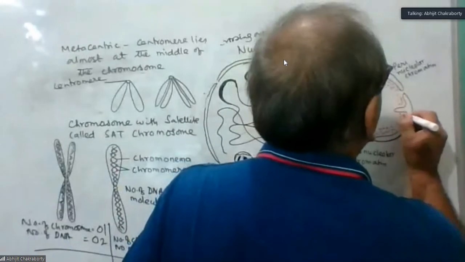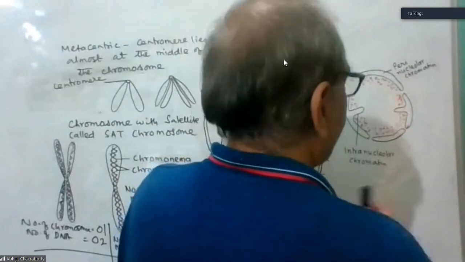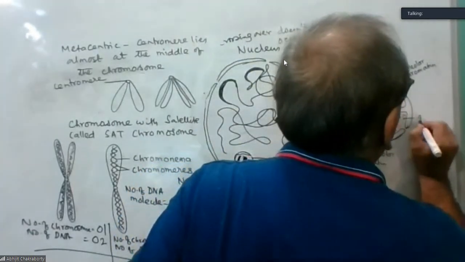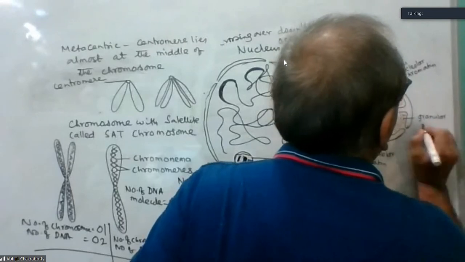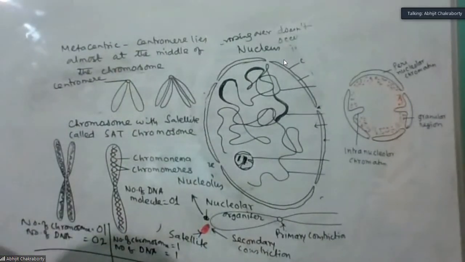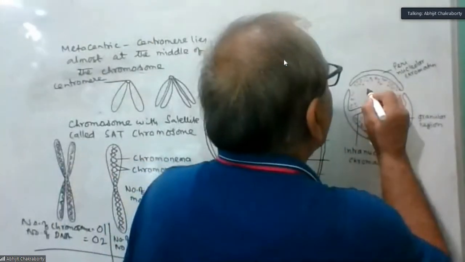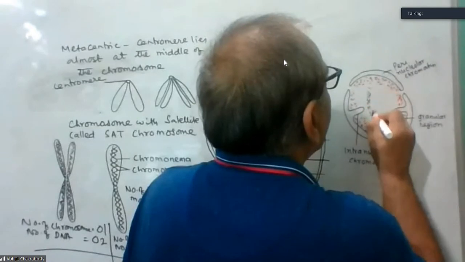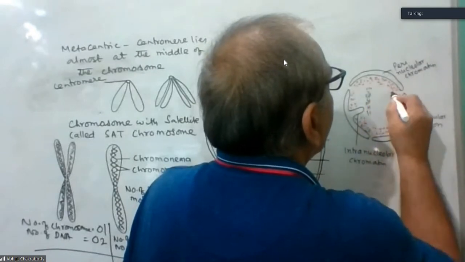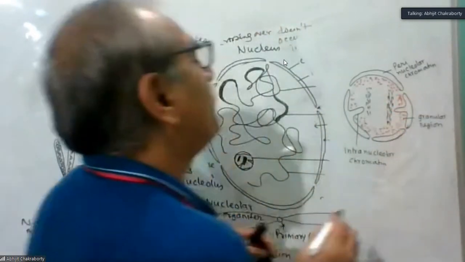In the periphery, you will get the granular region. Then you will get some fibrillar region. Small fibrils, basically you will get the fibril here. So this is the fibrillar region.